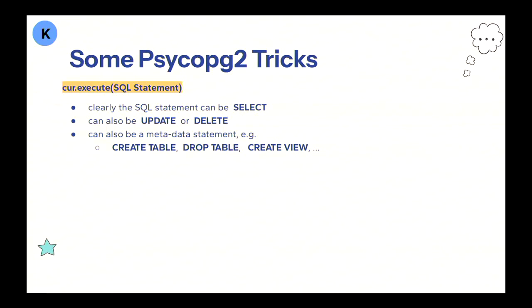We can update, we can delete, we can even modify metadata. We can create tables, we can drop tables, we can create views. Selection doesn't affect the actual content of the database, so we don't need to commit after we do selection. But if we want to really modify something, don't forget to commit the changes.